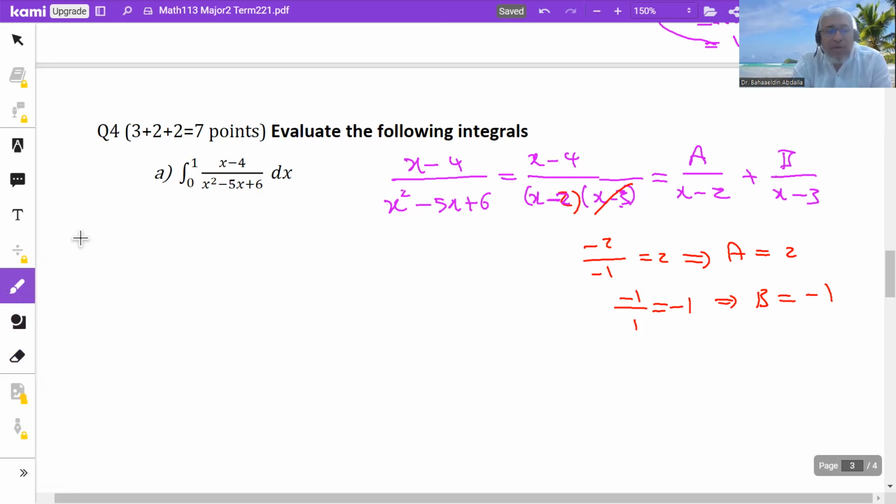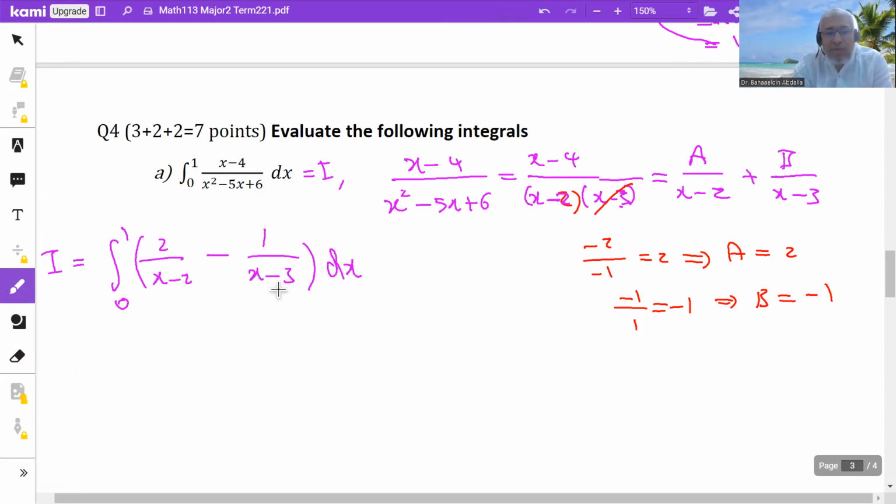So this integral, if I call it I, would be equal to the integral from 0 to 1. A is 2, so I'll have 2 over x minus 2. B is -1, so I write it -1 over x minus 3 dx.